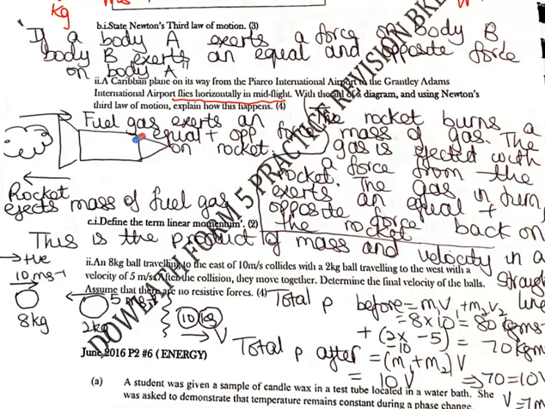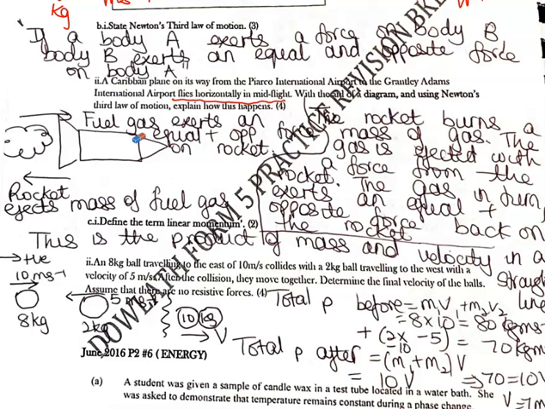Now, because we are using the principle of conservation of momentum, we are simply describing that the balls moving towards each other will do so in opposite directions. That's what we term a head-on collision. Now, the challenge with a head-on collision is that you have to ensure that one of the velocity values is negative. So hence one of the momentums will be negative with respect to the other.